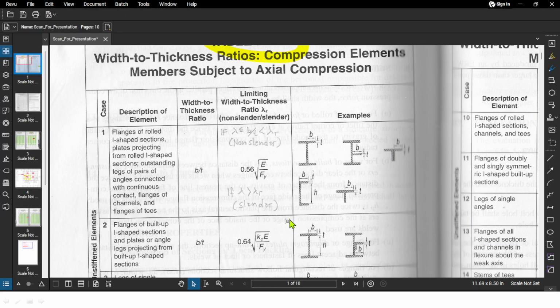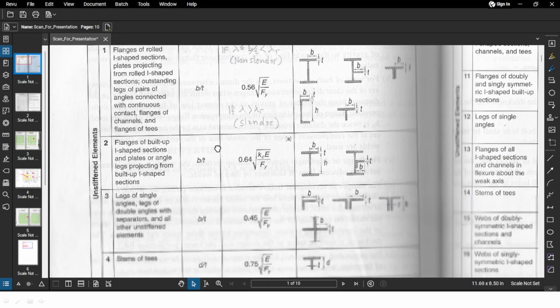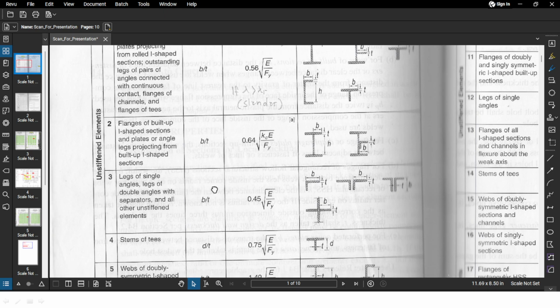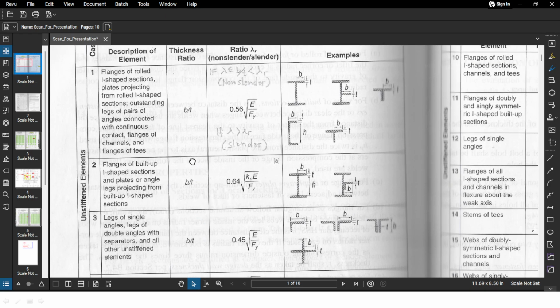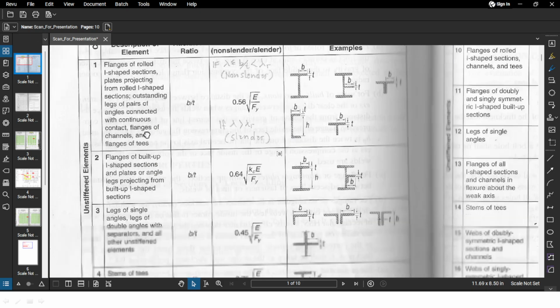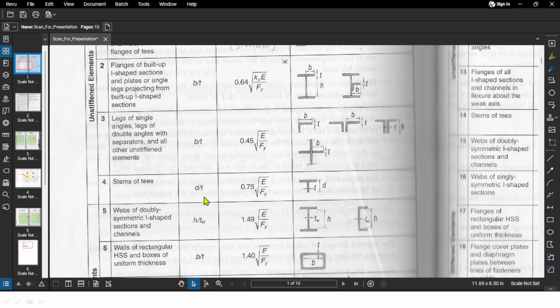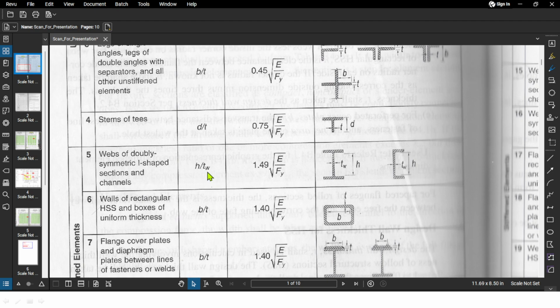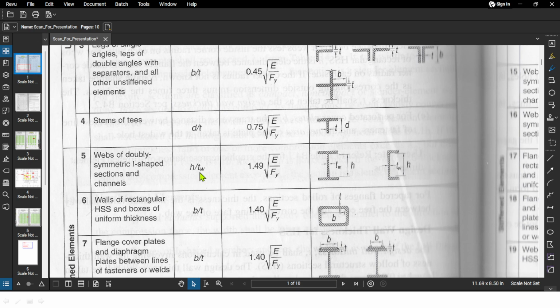Referring back to the table, for the web we are in case 5. The depth-to-web-thickness ratio should be less than or equal to 1.49 square root of E over Fy. This is the slenderness requirement.